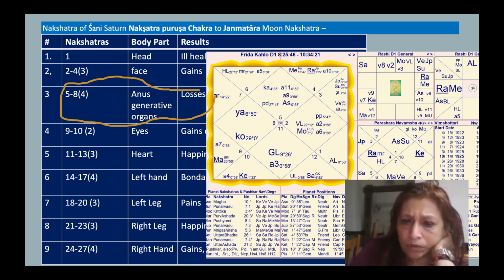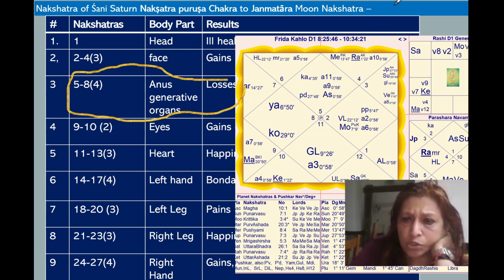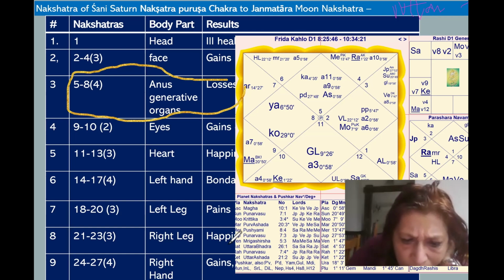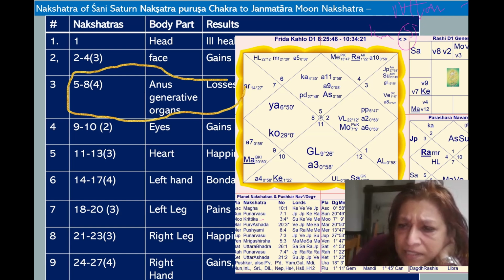Kritika is 1, 2, 3, 4, 5. And then where is her moon nakshatra? So Uttara Bhadrapad, 5 away. Uttara Bhadrapad, which is 26, is Saturn, okay? Her moon is in Kritika, which is number 3. So 26, 27, 1, 2, and 3.